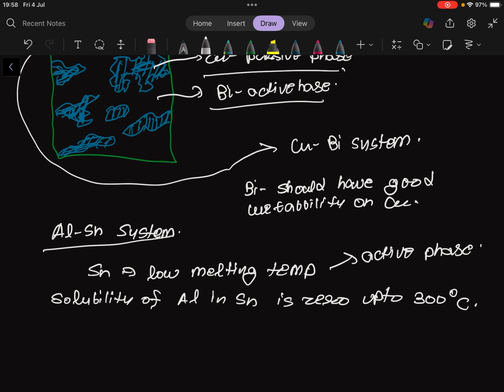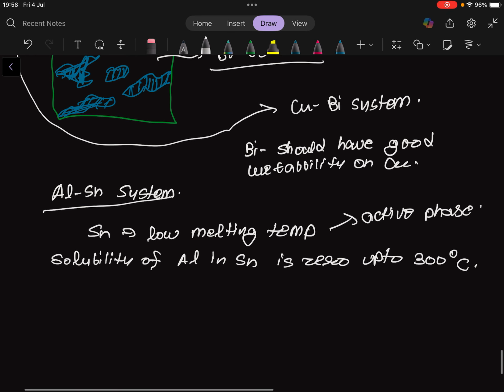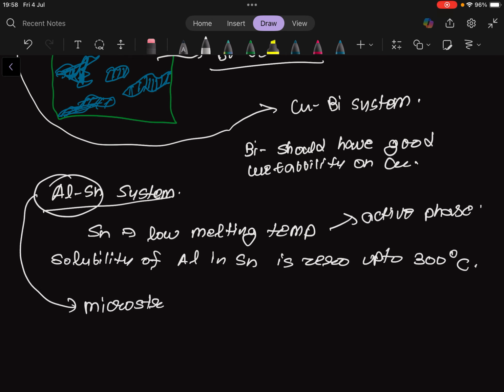We have a problem in this case that the microstructure is not like copper Fe. We don't have spheres of tin surrounded by aluminum. It is more similar to the copper bismuth system.